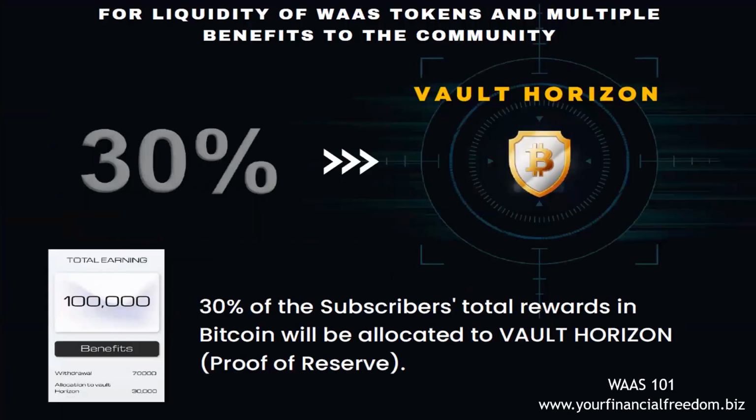Now, this is an example. Say someone has earned $100,000 worth. 30% of that will go to the Vault Horizon. $30,000 will go to the Vault Horizon.